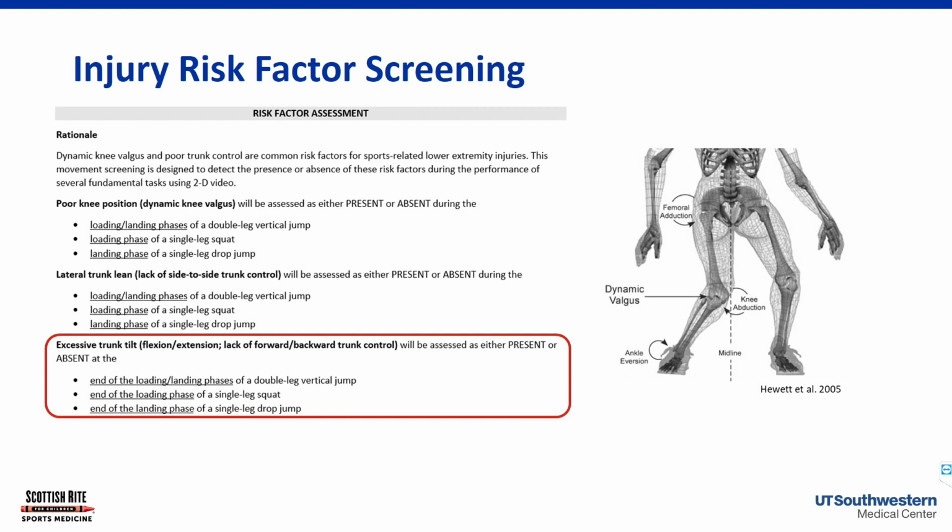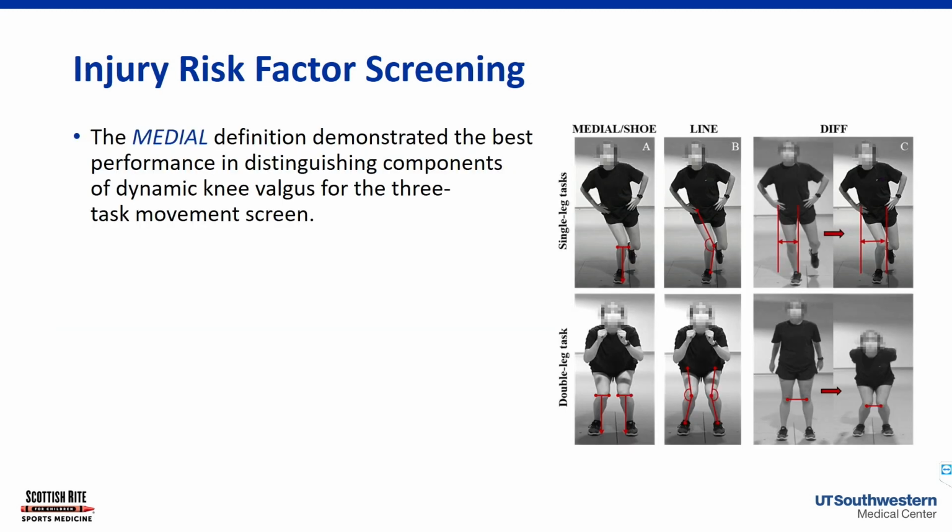So we sat down as a group and came up with some other definitions that could be used to visually score knee valgus. These are other common methods that have been found in the literature. So we went back in all these athletes and rescored their knee valgus according to the 2D video and compared it to the 3D to see if one of these methods was maybe a better definition to use for this poor knee position risk factor.